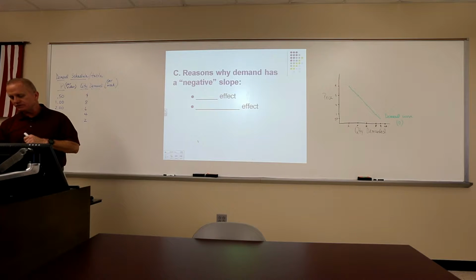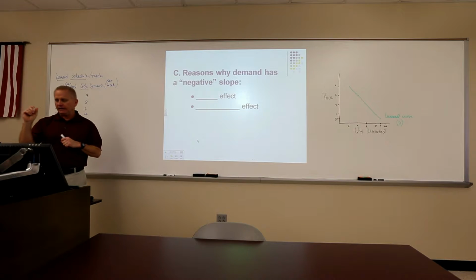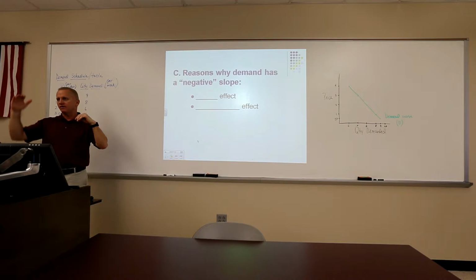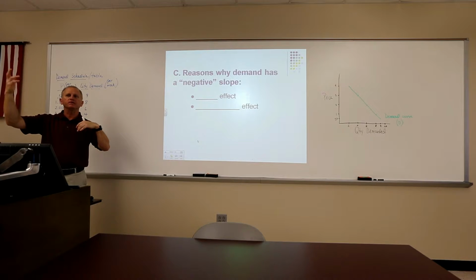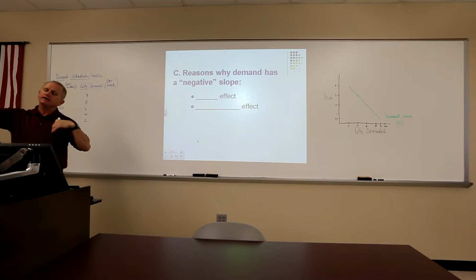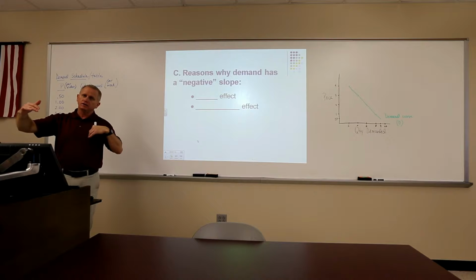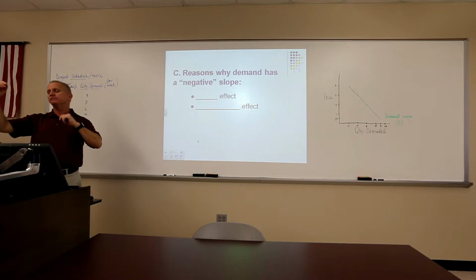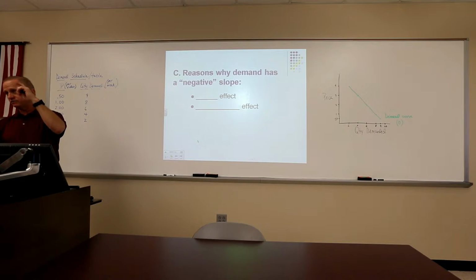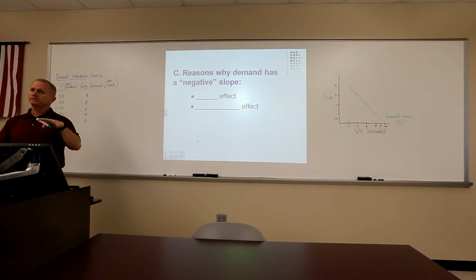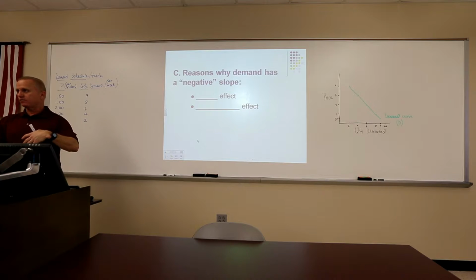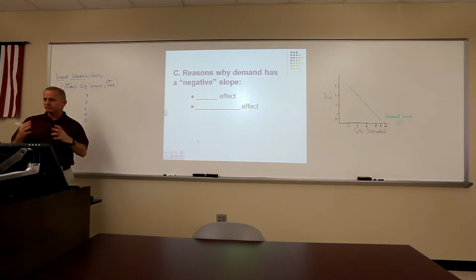Let's say you're deciding between steak and ground beef for red meat. If the price of steak falls, like for a New York strip, a pretty good cut of steak, you like them both, you're going to buy more of this New York strip and less of the ground beef. You'll substitute away from it because it's on sale. The price fell. So you do substitute away from certain things.